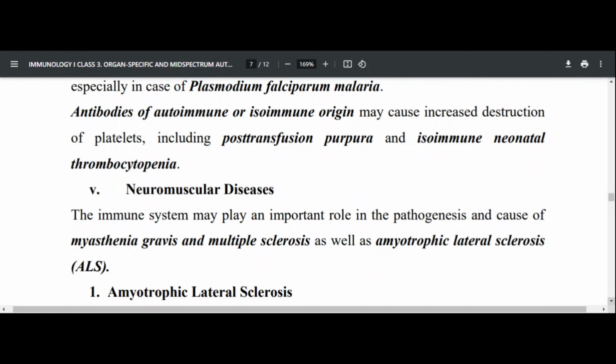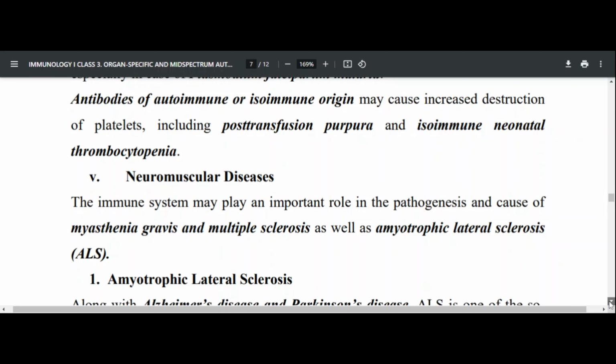Those diseases are, for example, myasthenia gravis, multiple sclerosis, as well as amyotrophic lateral sclerosis. Those are neuromuscular diseases which are also caused by or involve autoimmunity. So the first is amyotrophic lateral sclerosis.